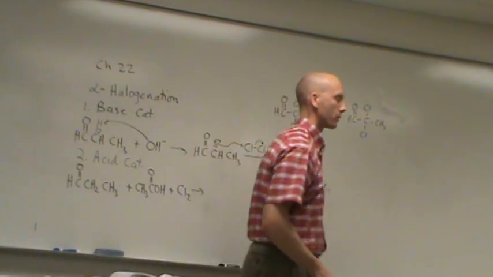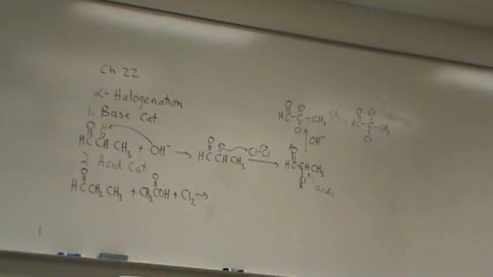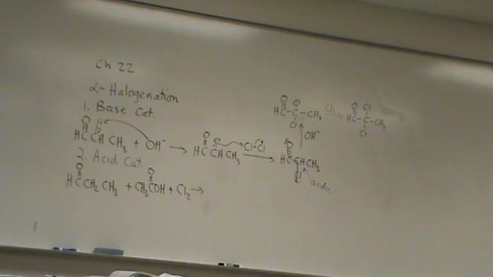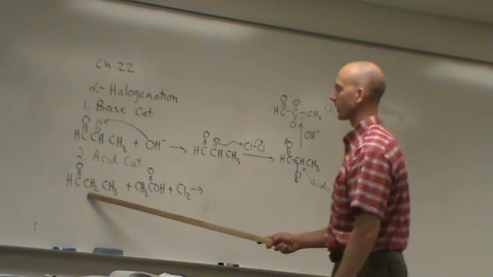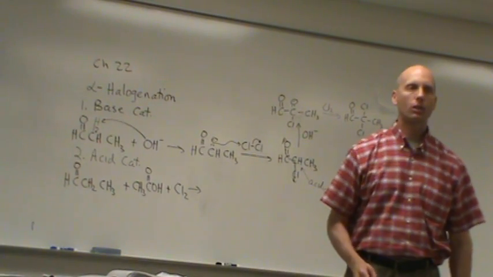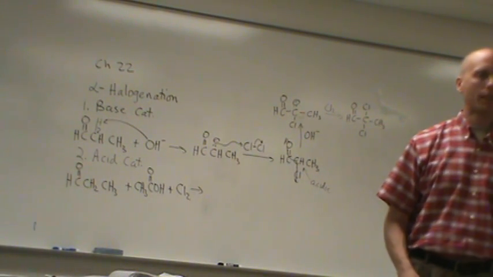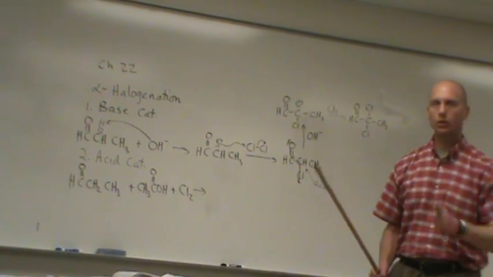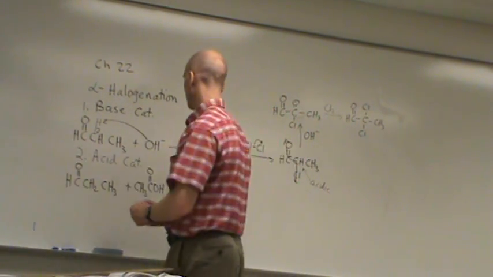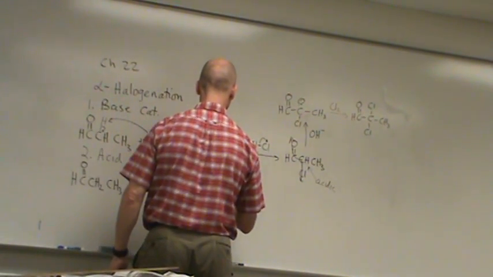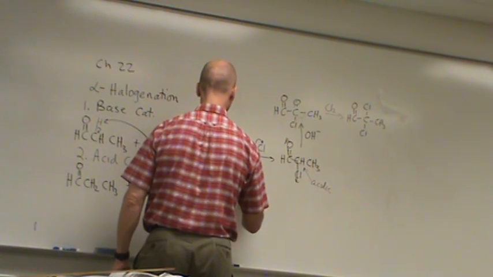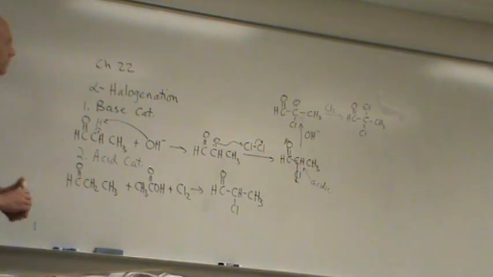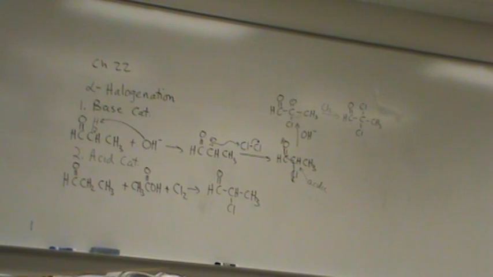What's the difference here? Write it down. The difference is, this is how we only get one halogen added on. It stops after adding one. This is how to get a monohalogenated alpha carbon. The base keeps going, not the acid. It just gives you one. So that gives us that as our final product.